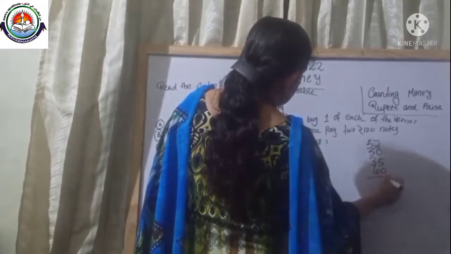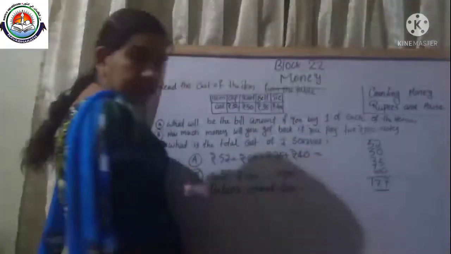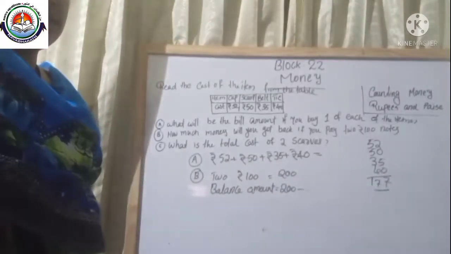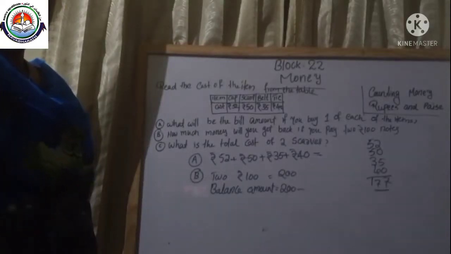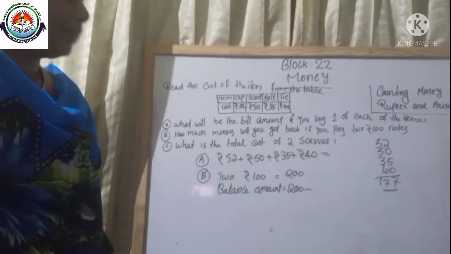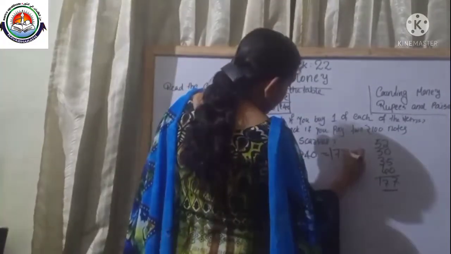What do you get? 177. Everyone got this answer? Okay. So here the total amount is 177.